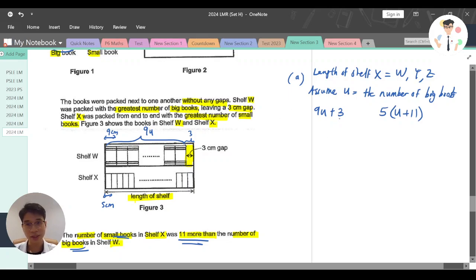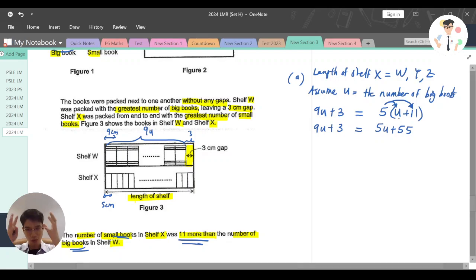And I know this is the length of shelf W, this is the length of shelf X, and they are actually the same. Correct. And again, it's a very interesting idea here. So 9 unit plus 3 is equal to 5 unit plus 55. Again, you should remember what I explained just now. This times into both of the bracket because of 5 sets of U plus 11, U plus 11, U plus 11, U plus 11, U plus 11.